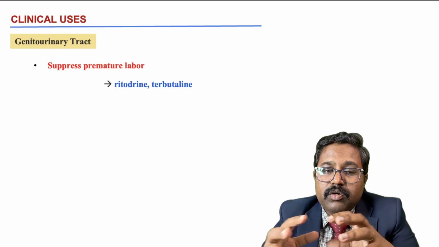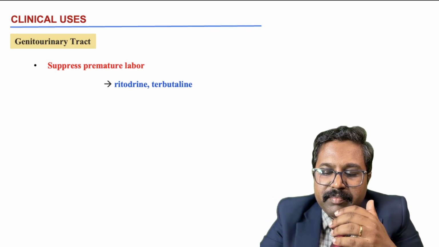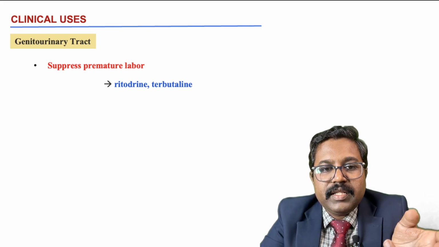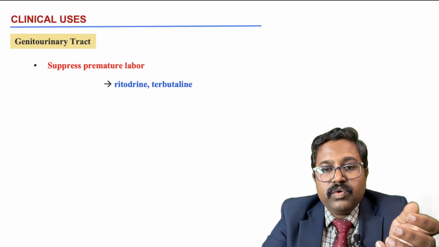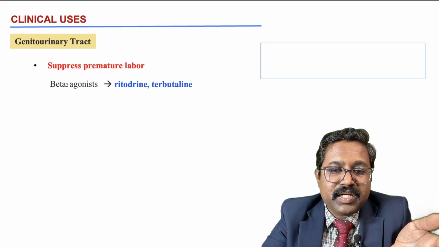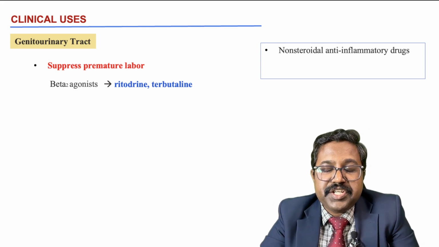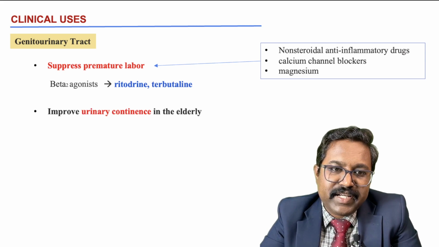So it will prevent or suppress premature delivery or premature labor, which gives time for lung maturation in case of prematurity. We have ritodrine and terbutaline as beta 2 agonists. Apart from that, to suppress premature labor contractions, you can use non-steroidal anti-inflammatory drugs, calcium channel blockers, and magnesium sulfate.